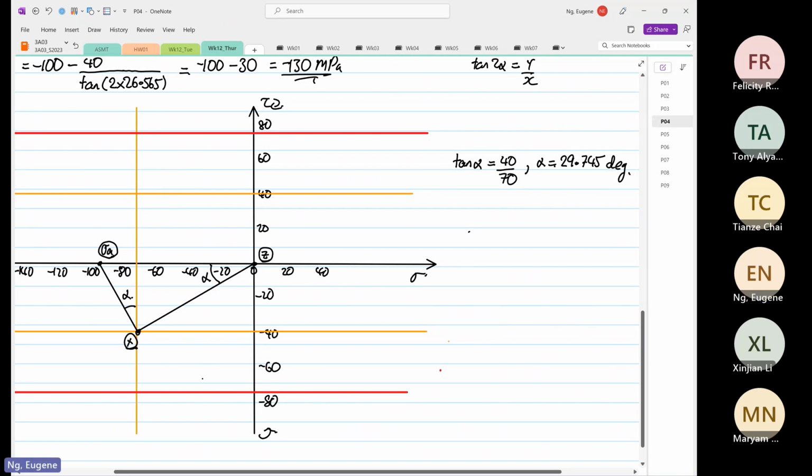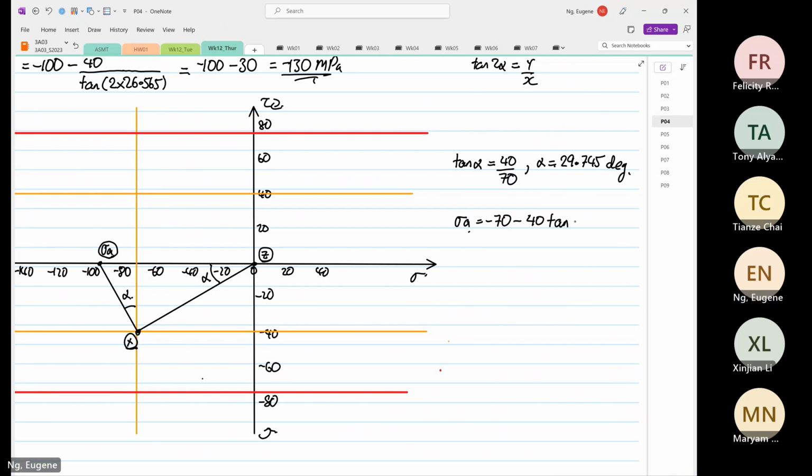Right? So we need to find what is our stress A. Again, the sequence is the same, right? So it's equal to minus 70 minus by 40 tangent 29.745.